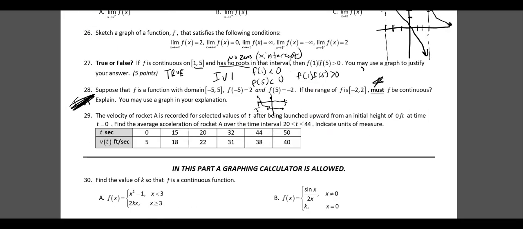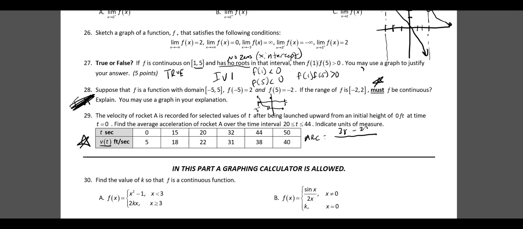All right, this is a velocity table. It said find the average acceleration, which means the average rate of change of the velocity. So we'll do 44 minus 20 all over 30. Oh, wait a minute, I'm doing that backwards. Y2 minus Y1.